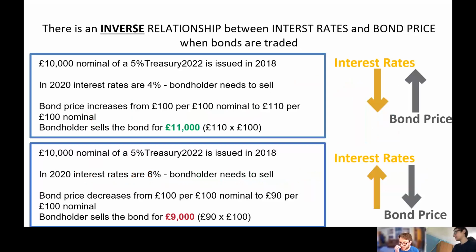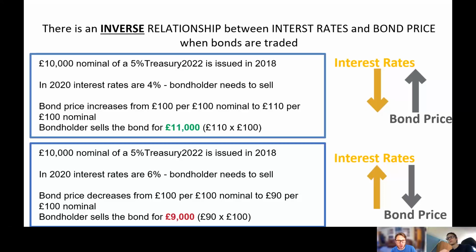So to summarize Simon's point there as well, we've got an example up on screen that shows you why this inverse relationship exists, and it reflects what Simon is saying. So if we take the top example, as we know, if interest rates fall, bond price will go up.